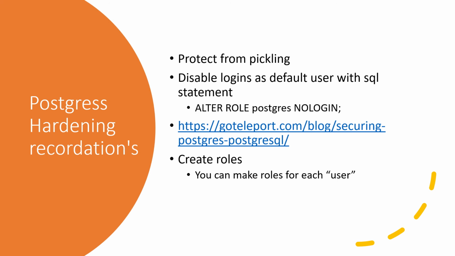It has a couple other hardening recommendations. You should go through those. Another big one you're going to want to do is create roles, and you can make new roles for each user in there. The default user, Postgres, is basically the default root user. You're going to want to make other users besides Postgres, and you can assign permissions to them from there.